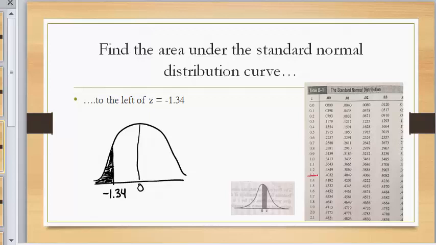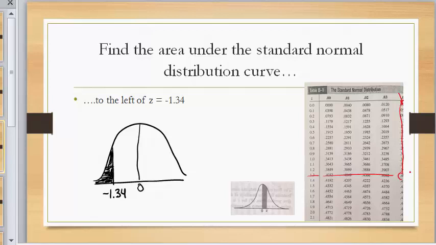So 1.3 down the left and a 4 in the hundredths place. And again, we're going to go over and we're going to come down and we're going to intersect right there to get our answer. All right, so 1.34 is going to be 0.4099.